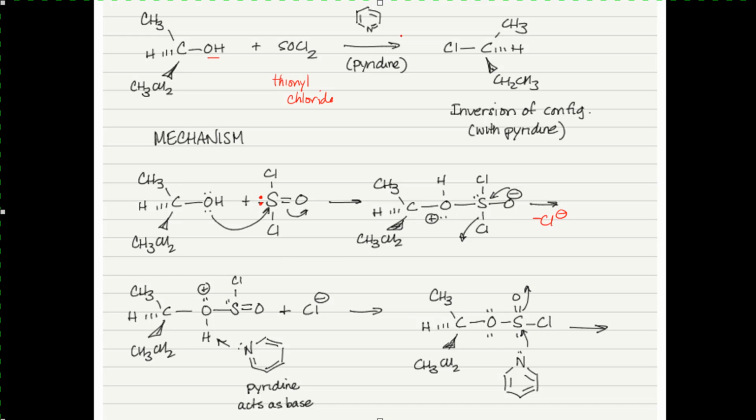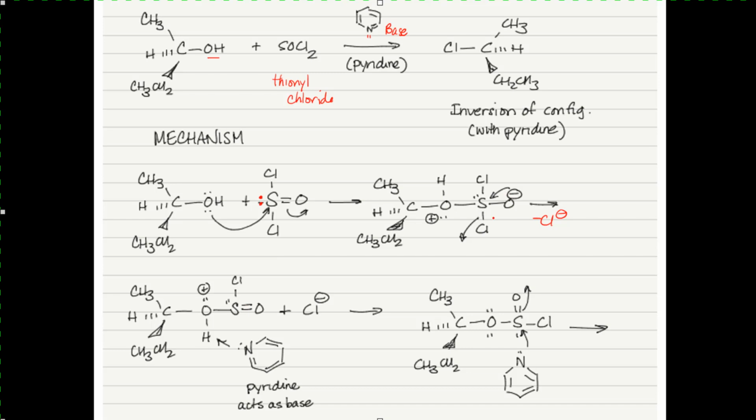Then, in the presence of pyridine, so we'll talk more about this as a heterocyclic aromatic compound, but pyridine, for this purpose, is a base, with the nitrogen having a lone pair being a fairly strong base.